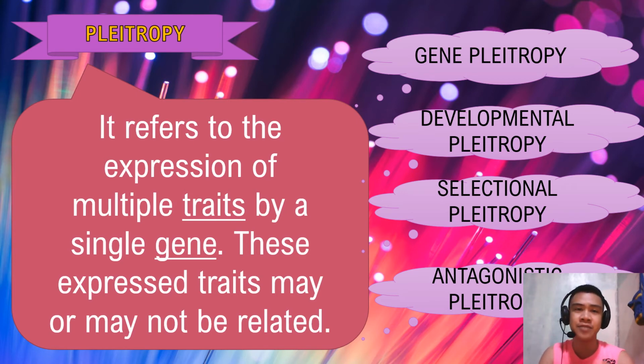Okay, we have gene pleiotropy. It is focused on the number of traits and biochemical factors impacted by a gene. And we have developmental. So it is focused on what? On mutations and their influence on multiple traits development.